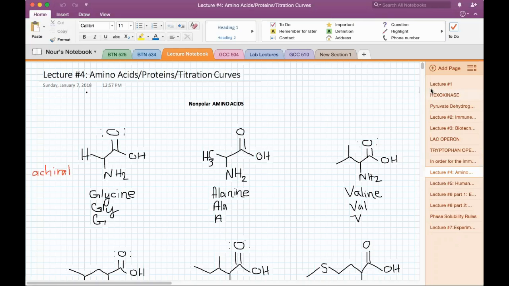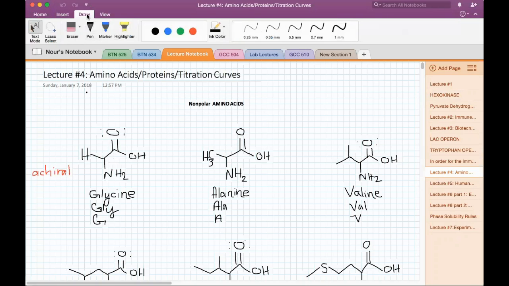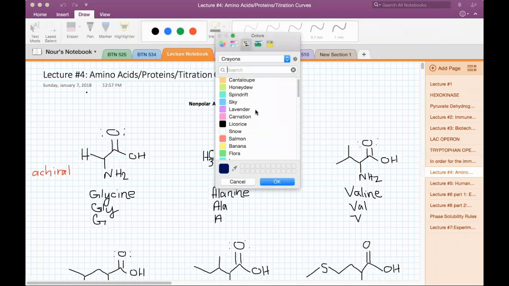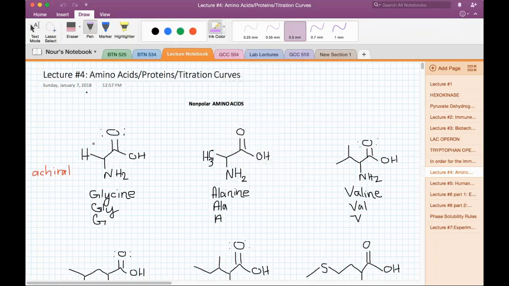So the first one's glycine, and it's generally known as the only amino acid that is achiral, or not chiral. Remember, guys, a chiral carbon is one where you have 4 different groups.